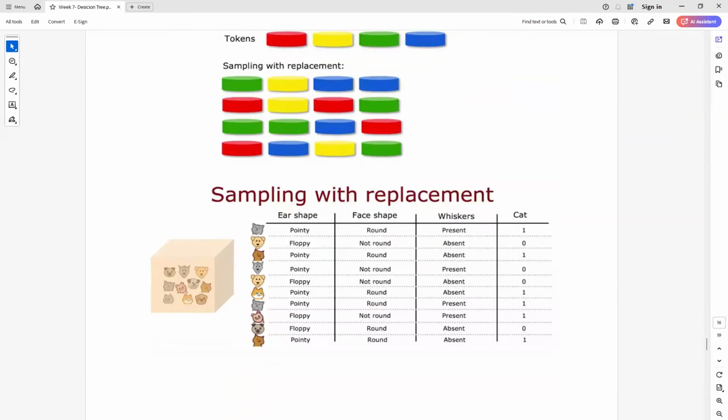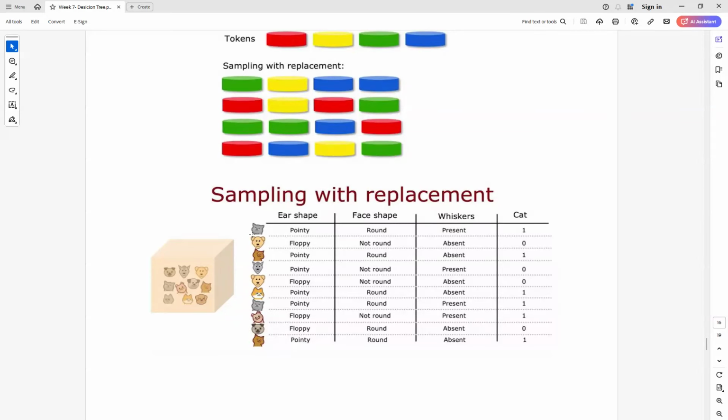We can do the same thing with these 10 animals, these 10 data points. Let's say we put these 10 animals inside the bag. In the real world, you cannot put animals or pets in a bag because it is inhumane, right? But let's say this is a virtual bag, and you put these 10 animals inside the virtual bag like this, and then you can pick one for sampling, and then put it back into the bag and pick another one, right?